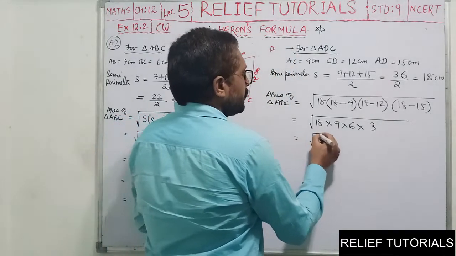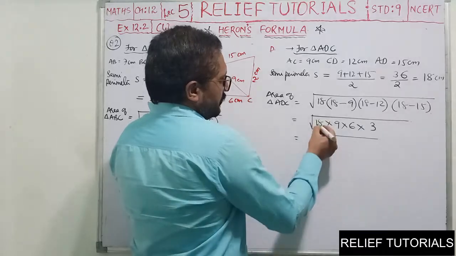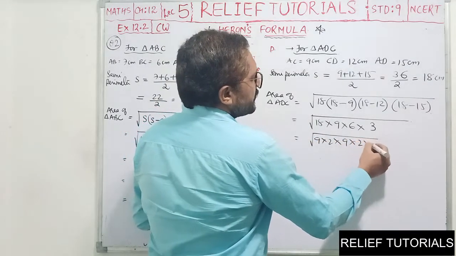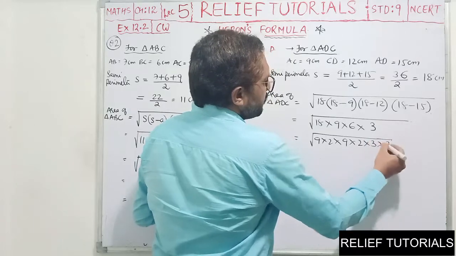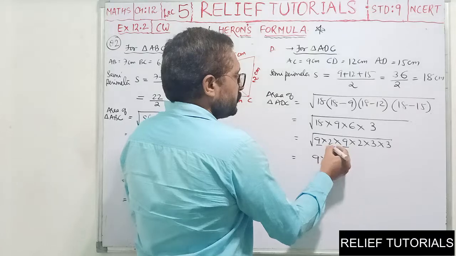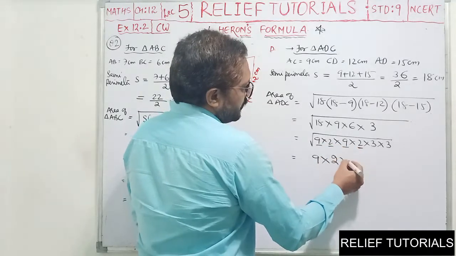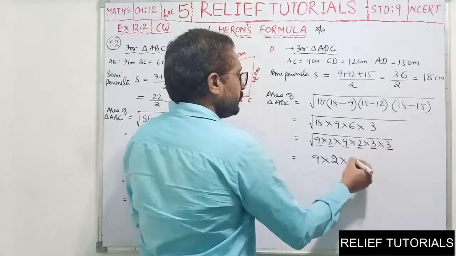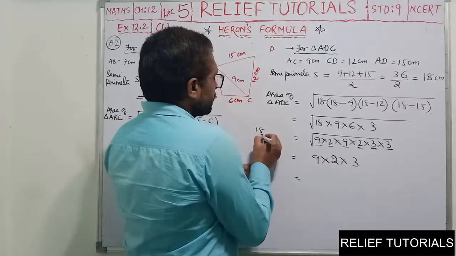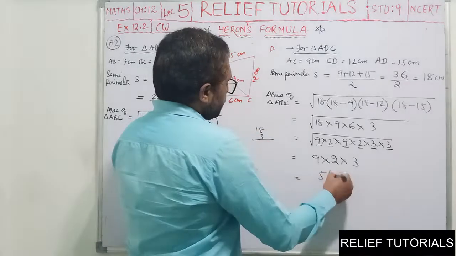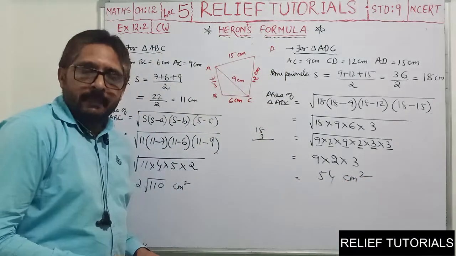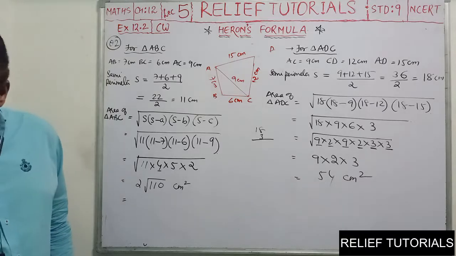So now 9 2s are 18, this 9 as it is, 6 and 3. 9, 9, 2 and 2, so you write 1 2 here, then 3 and 3, you write 1 3 here. 9 2s are 18, 18 3s are 54. 54 centimeter square. So now you got area of two triangles.